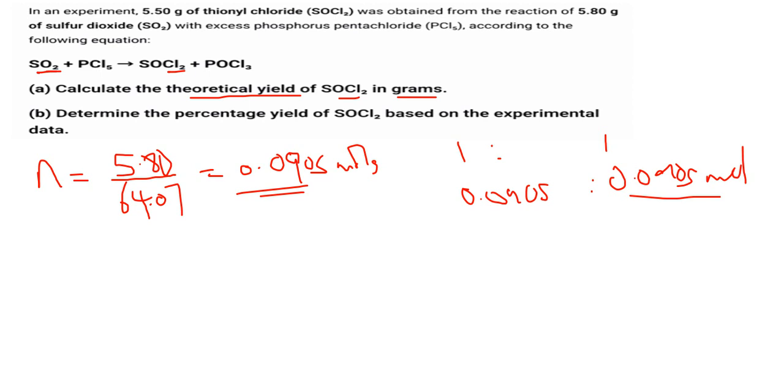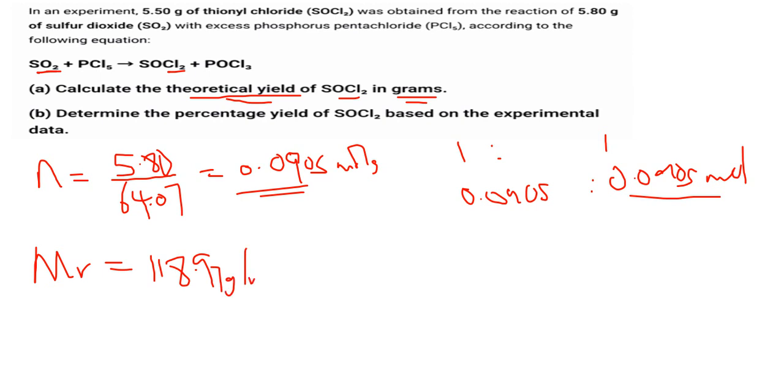Remember, we are finding our theoretical yield in grams. So we're going to combine these moles of thionyl chloride with its molar mass. What's the molar mass of thionyl chloride? You just add the masses: the mass of sulfur plus the oxygen plus 2 of the chlorine. You get approximately 118.97 grams per mole.